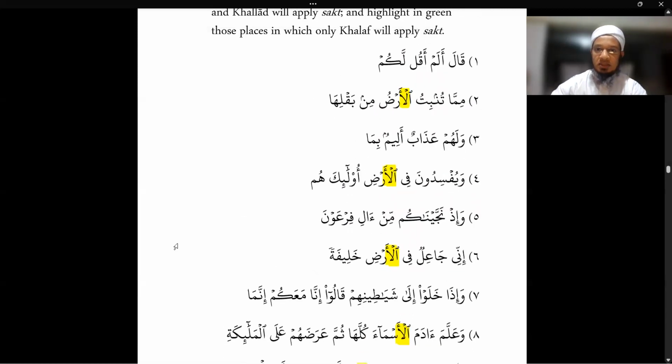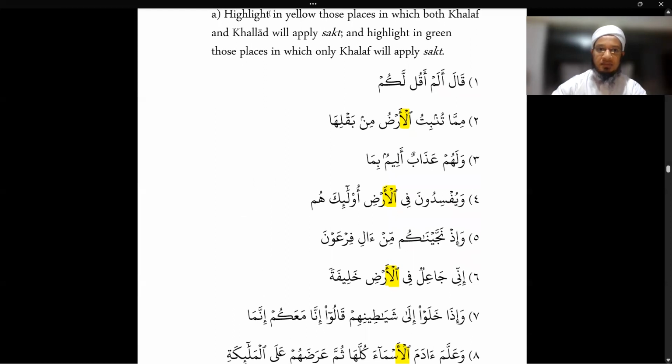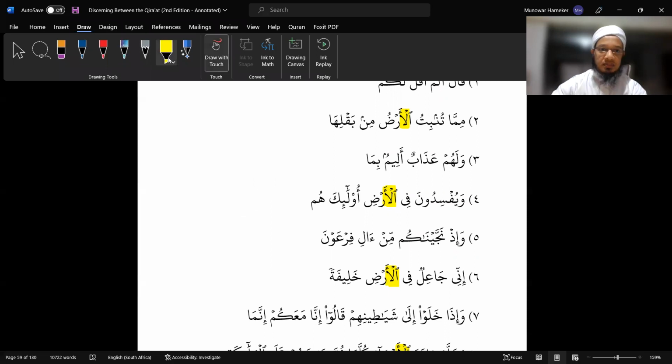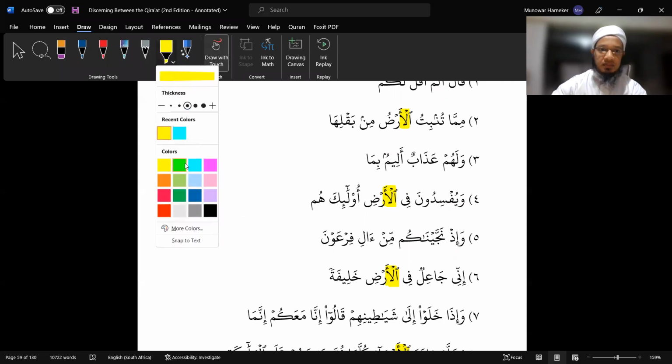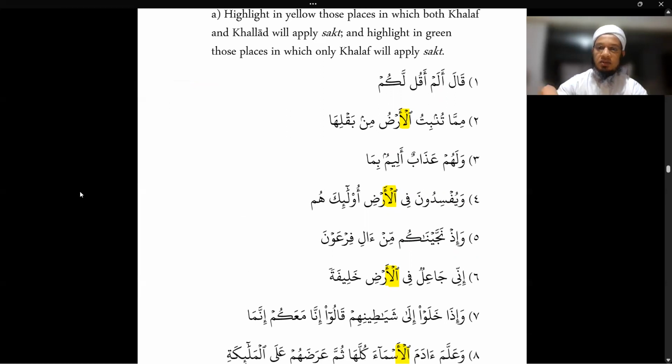Okay, so that is the lam al-ta'rif and shay, which will be for both khalaf and khallad. Green, we're now going to do the remainder, which is in two separate words. So it'll be for khalaf only.